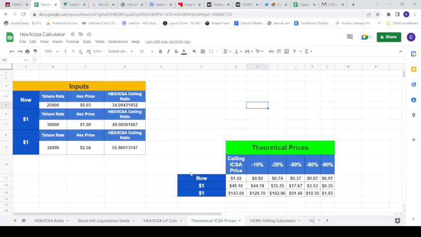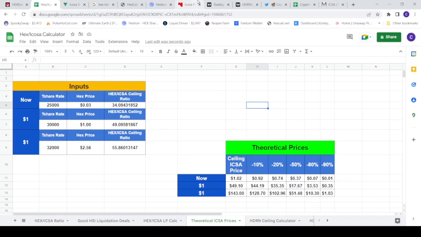And the amount of hex per Icosa that you're going to get is just going to continuously go up with the t-share rate. So having bags of Icosa and hex is going to be so beneficial in the future, especially if in the future you want to sell off your Icosa for hex and then get more t-shares.